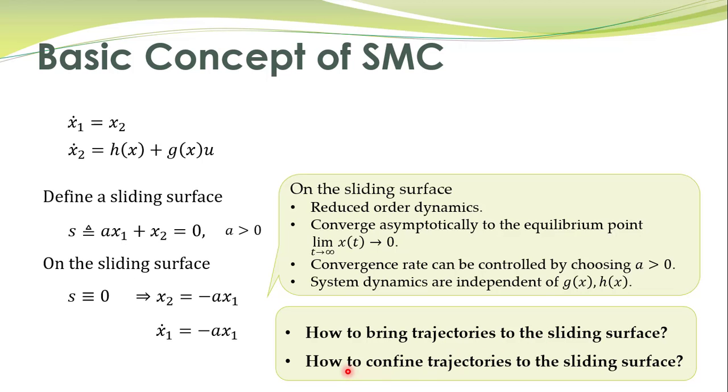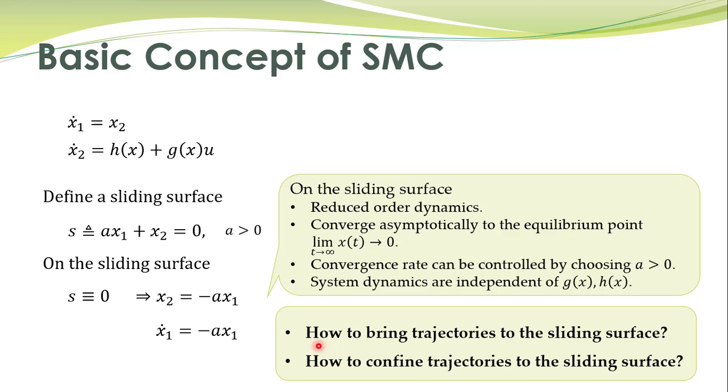And second question is, once the trajectories are brought to the sliding surface, how to maintain the trajectories on the sliding surface. That is how to confine the trajectories to the sliding surface, how to keep on ensuring this equation.